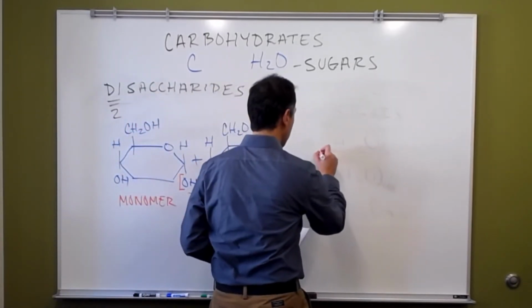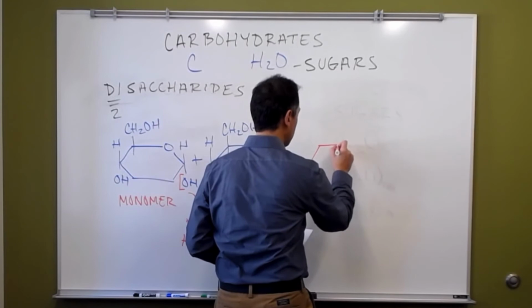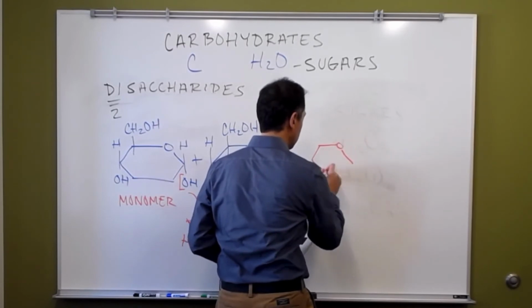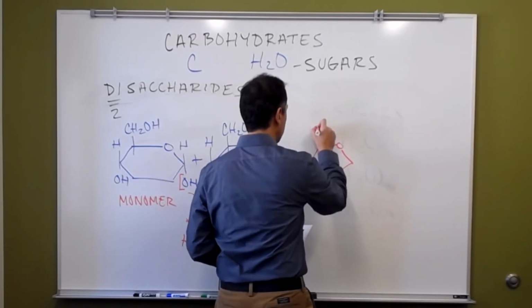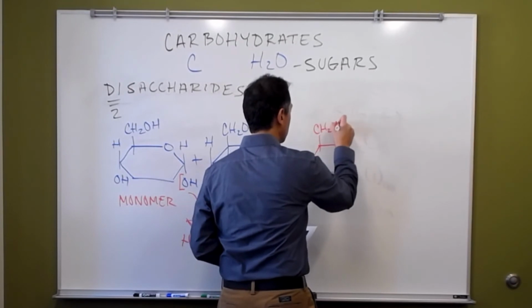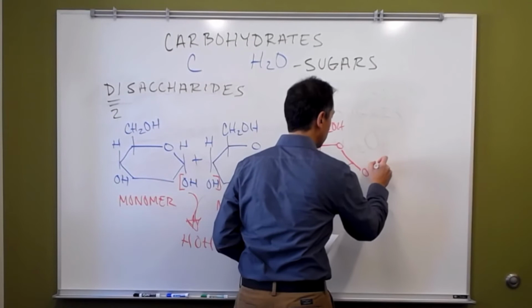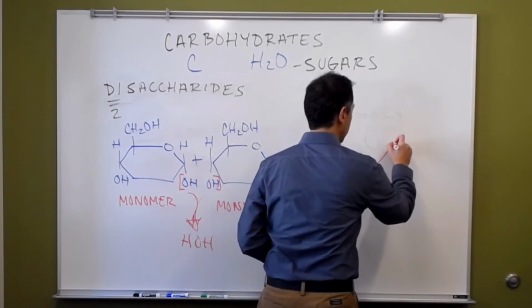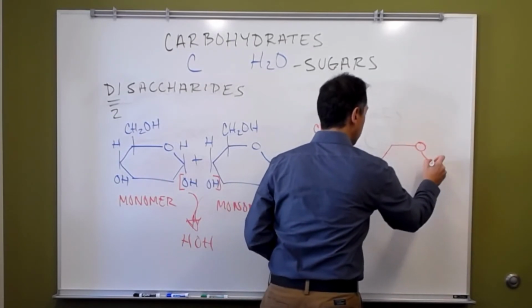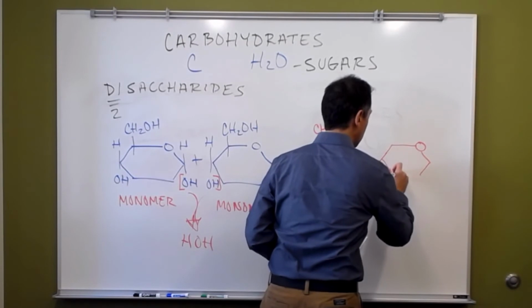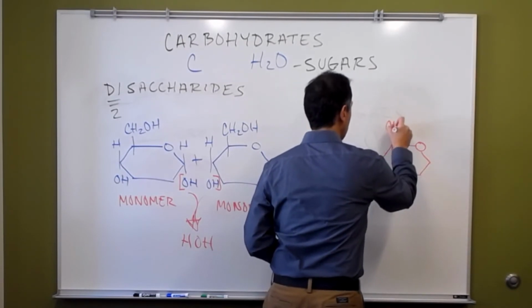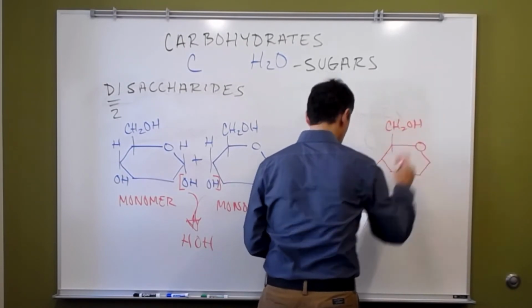And so when we draw these together, like this, CH2OH, like this, and then up and over, and then down, and then down like this, CH2OH, like that.